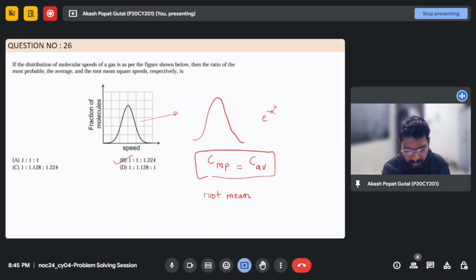Because we have a proportion of molecules with higher speed, when we square that value, that will add up and give you a higher mean than the most probable and average. So that's why this third, the root mean square, will be highest of the three when there is a distribution called exactly Gaussian distribution of the speeds.